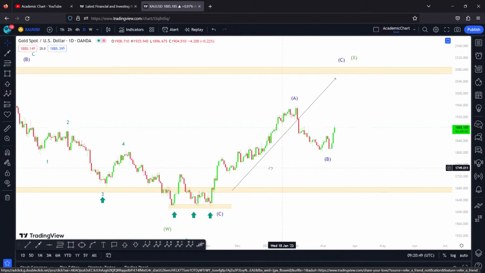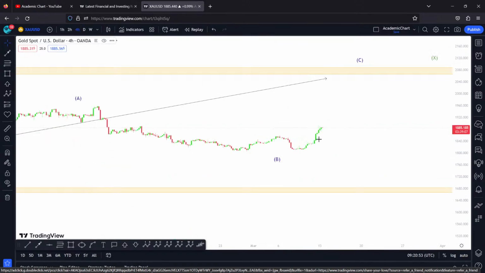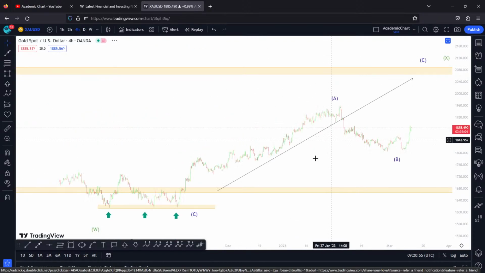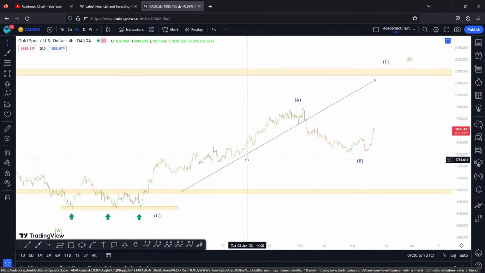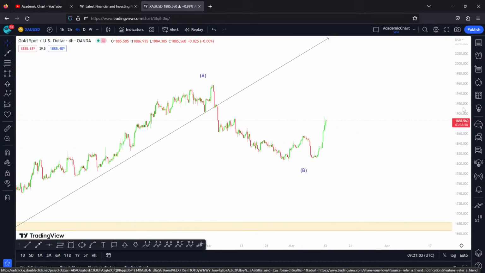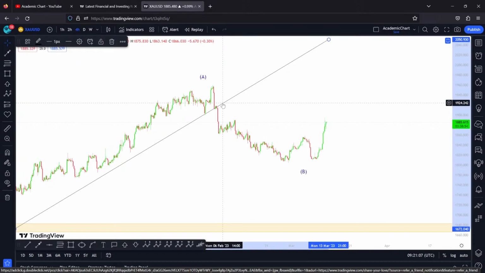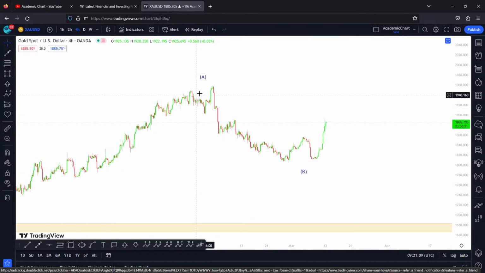But let's jump into the 4 hour. We know what is our midterm goal to top. So let's take a look at this B wave. We are seeing that it still, let's get rid of this arrow. I'm almost seeing a minor ABC.